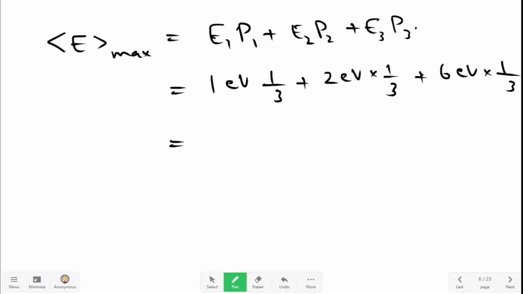Therefore, this is equal to 9 divided by 3 eV, which is equal to 3 eV.